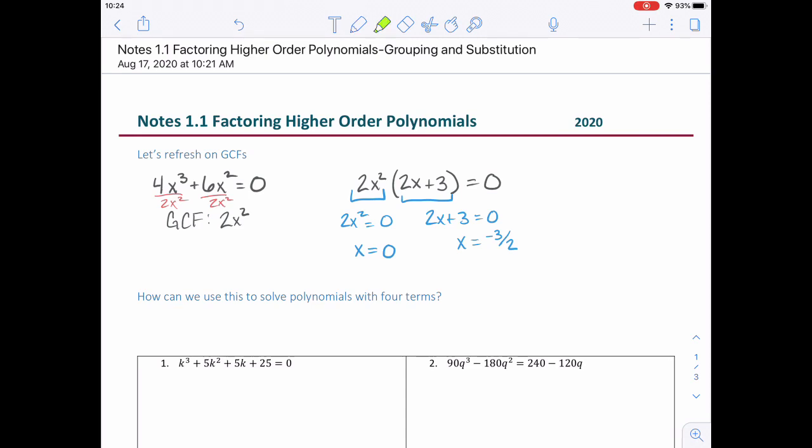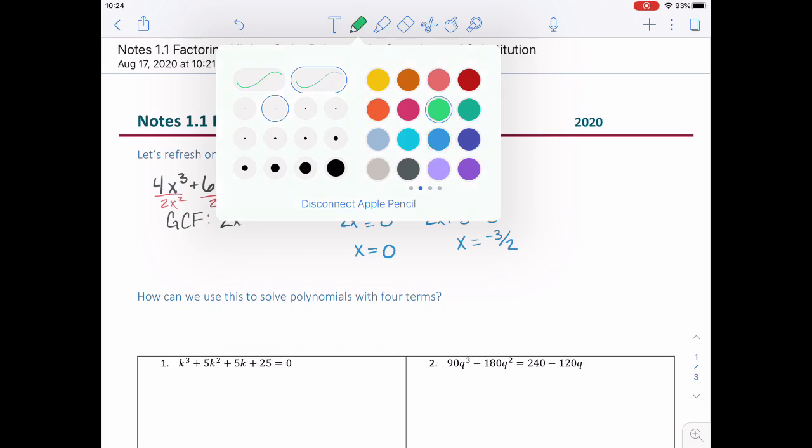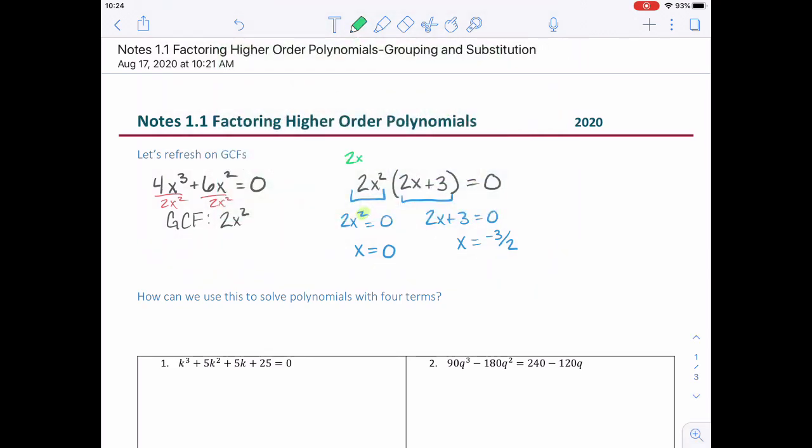But because there's a 2 here, if we wanted to, we could make the argument that we could split this into 2x times x, and then we have two factors that are x's. So this gets what we call multiplicity 2. Multiplicity just means that it occurs twice, 1, 2.